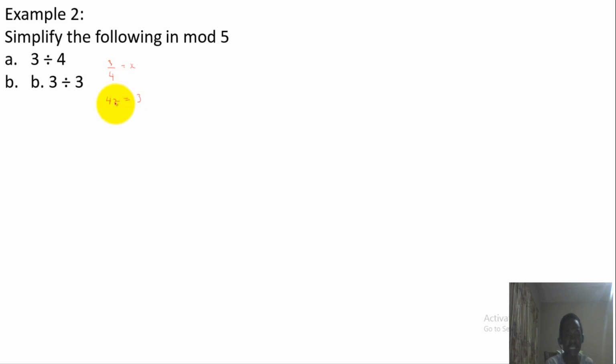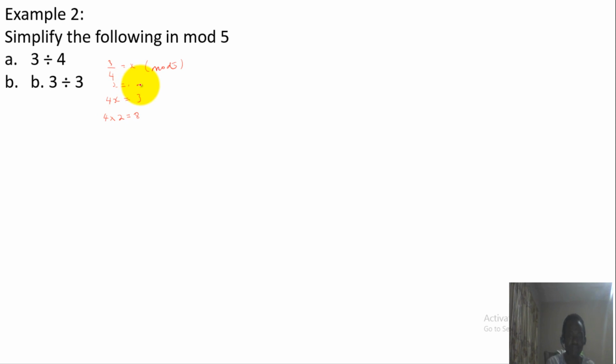Basically, you are looking for what you multiply in mod 5 that will return 3 to you. Therefore, if I say 4 times 1, it will return 4. Say 4 times 2, that will be 8.